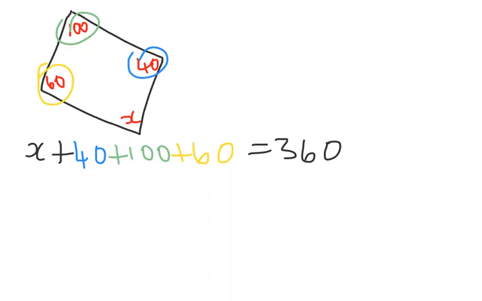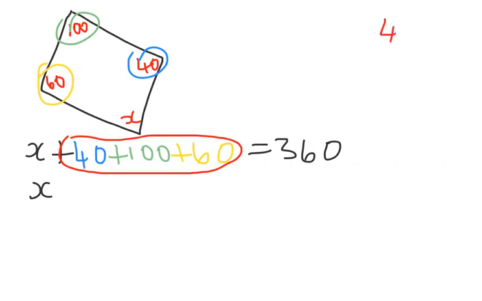So if you do it, first do x, and then first add up all of these numbers. So if you add that up, you get 40 plus 100 plus 60, and that will give you 200.